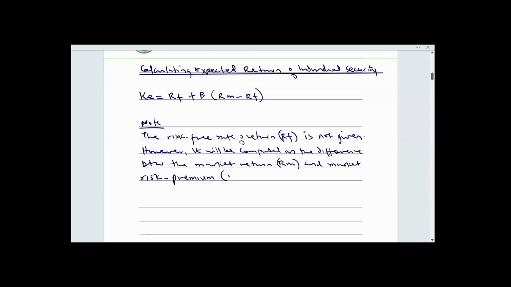That is RM minus RF. So in this question, we are not given the risk premium.